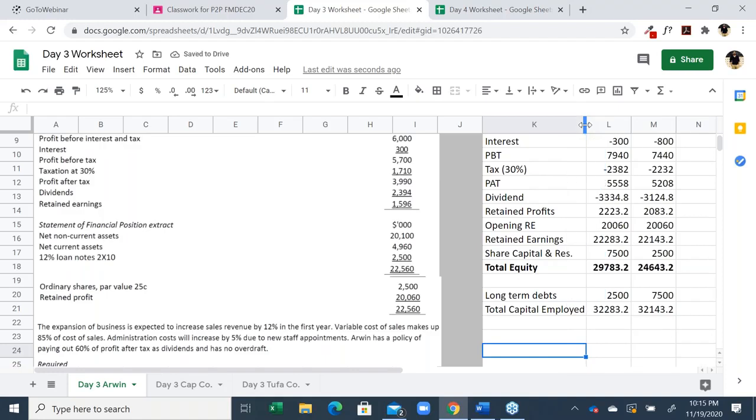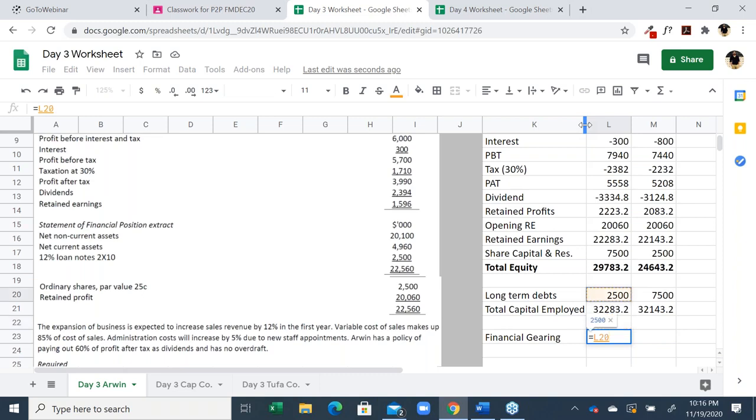So first of all, we have to see financial gearing. That shows us how much debt we have compared to our total investment. So what are the long-term debts? 2500, right?